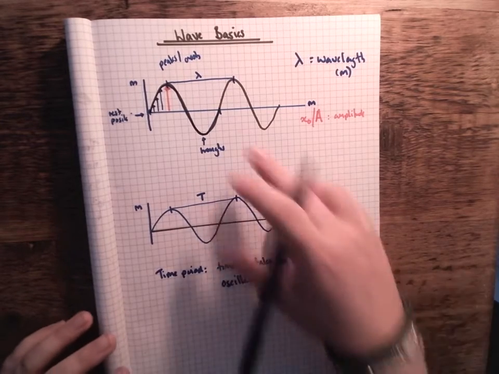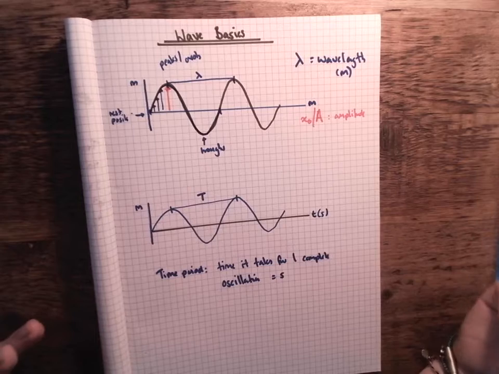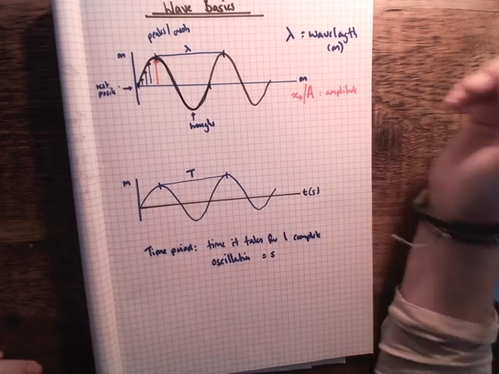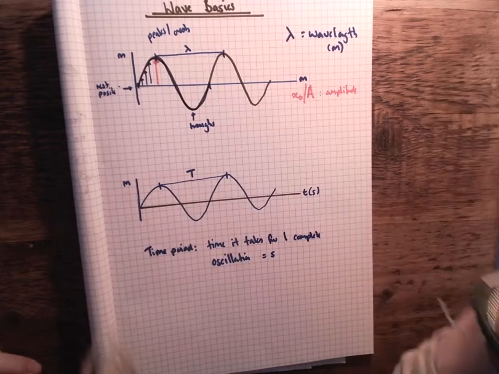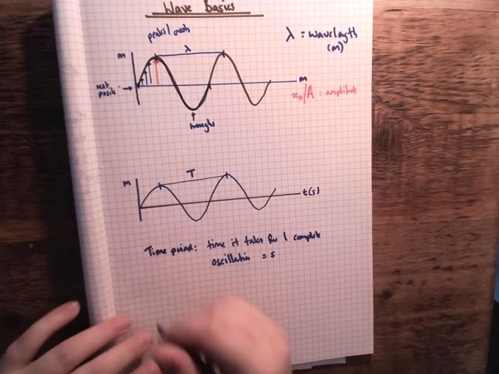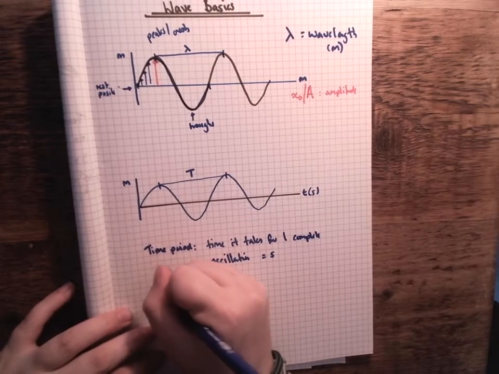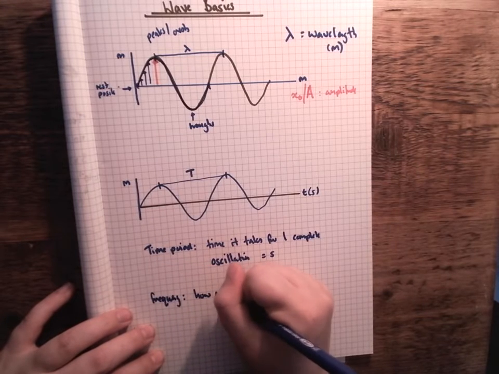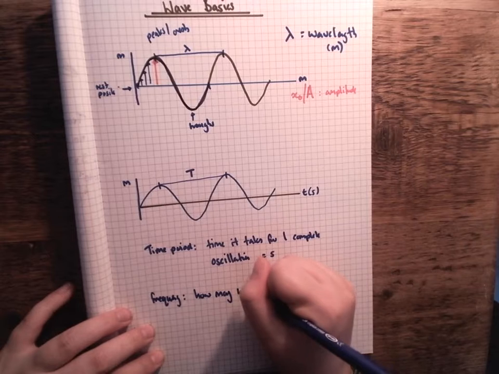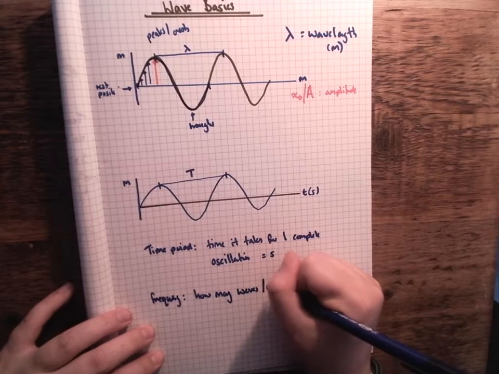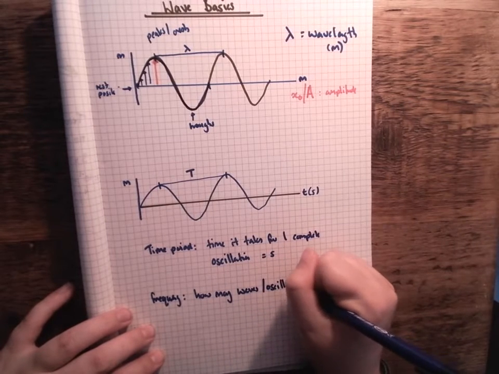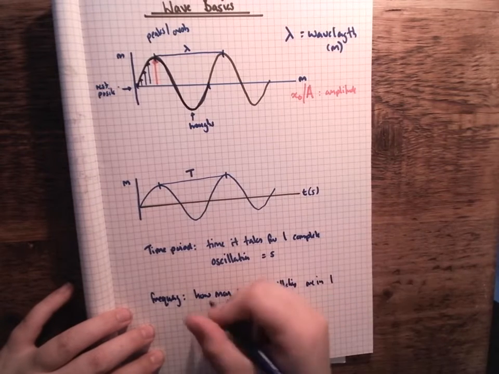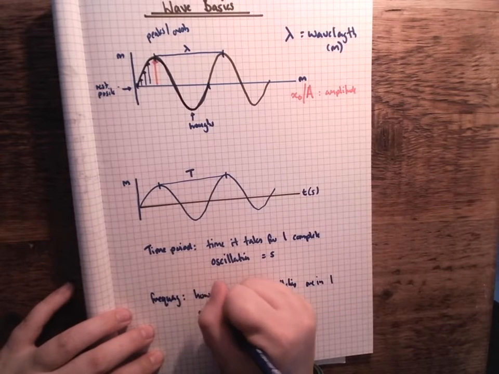Now the one that we can't really represent on this graph is the frequency, but the frequency is how many waves appear in 1 second. So we can also look at frequency, basically how many waves, or oscillations, are in 1 second.